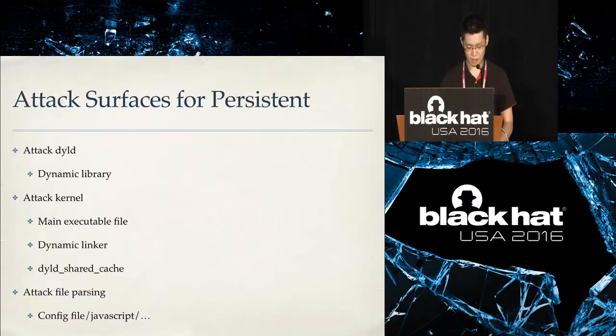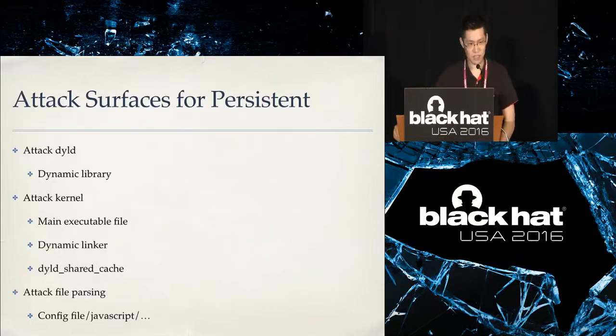And another attack surface is the kernel. The kernel is responsible for loading the main executable file, the dynamic linker, and also the DYLD shared cache. So if you could find a vulnerability in this part, you are able to do persistence on the iOS device.